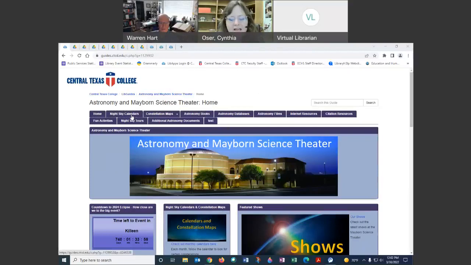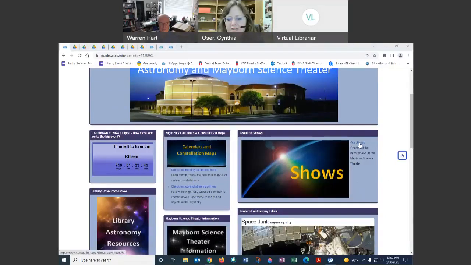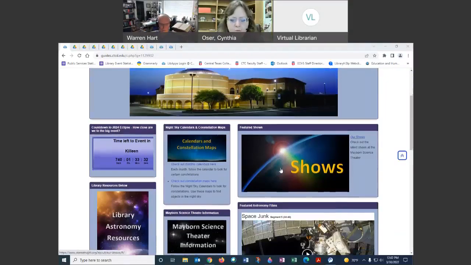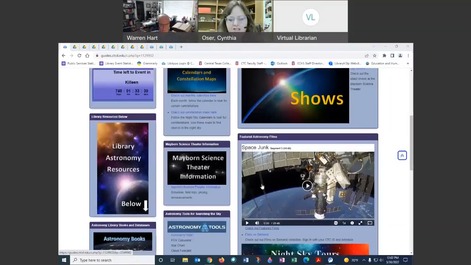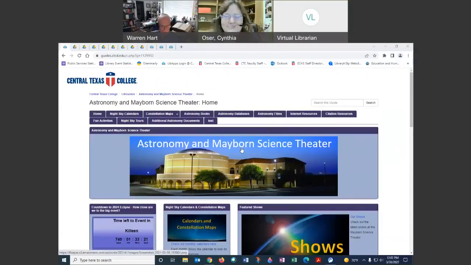This is where we're going to be finding all of our night sky calendars, our constellations by month or season or alphabetical order, and you can find astronomy books, databases, and the cool thing about the front page is if you click on the shows, it brings you right to the Maybern Science Theater shows. Also, their calendars of what's going on over there, their information. And here's the countdown clock for our eclipse.